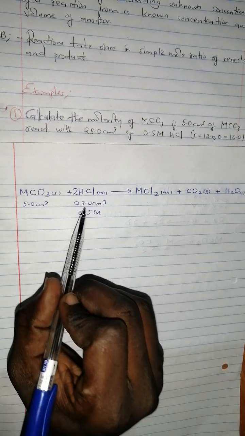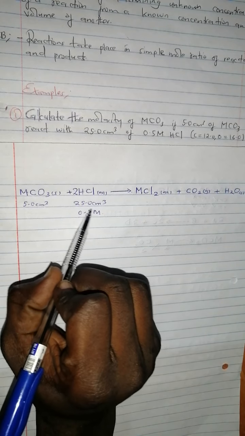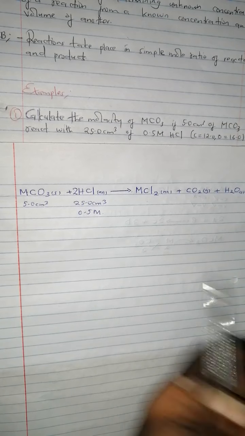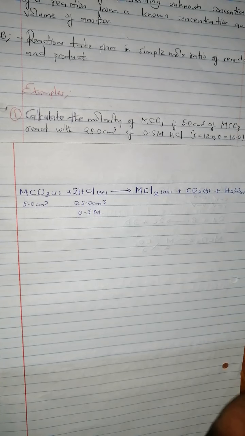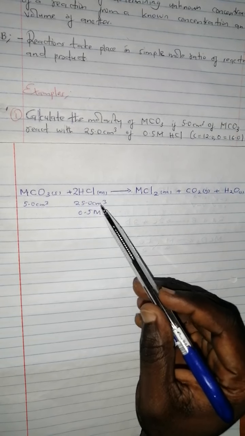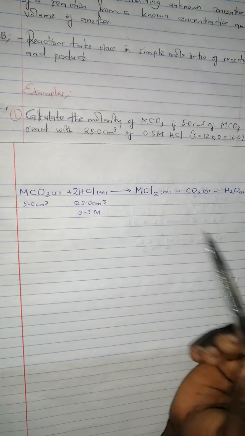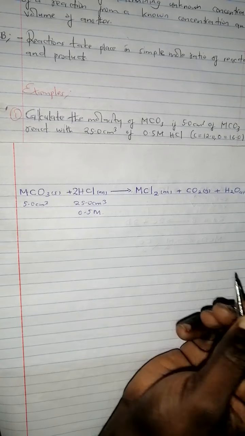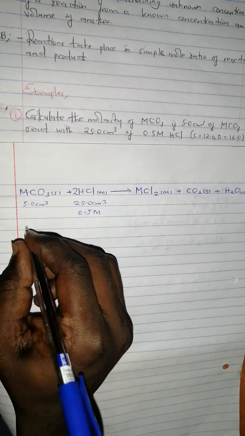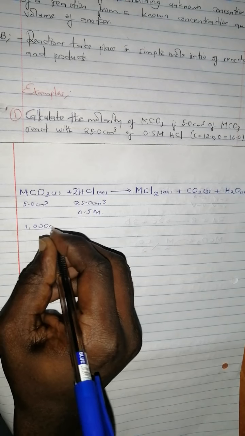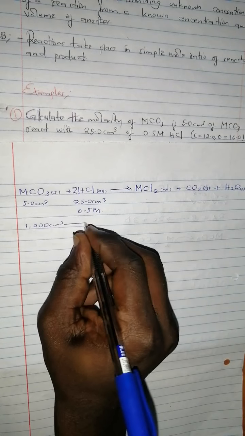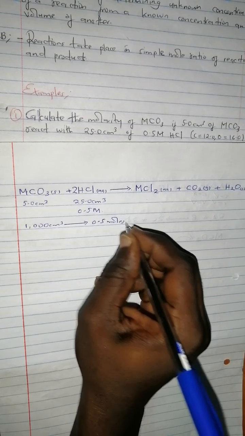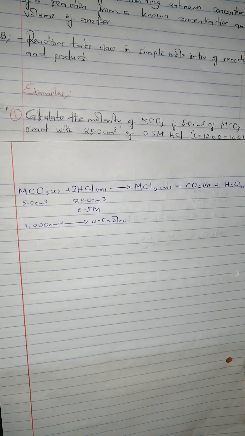Now, if I have the concentration of HCl and the volume of HCl, I can calculate the number of moles of HCl contained in 25.0 cubic centimeter. And how do I calculate that? Whenever you're told 0.5 M or molar, it means that 1,000 cubic centimeter of a solution contains 0.5 moles of solute.